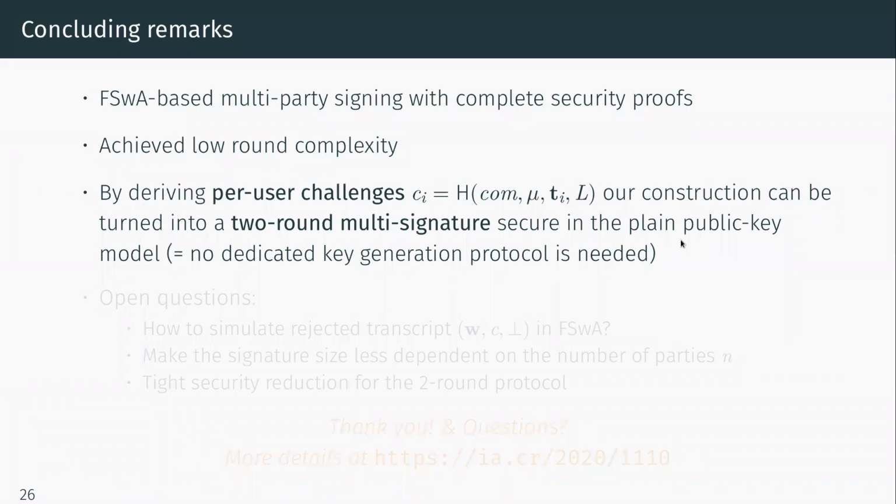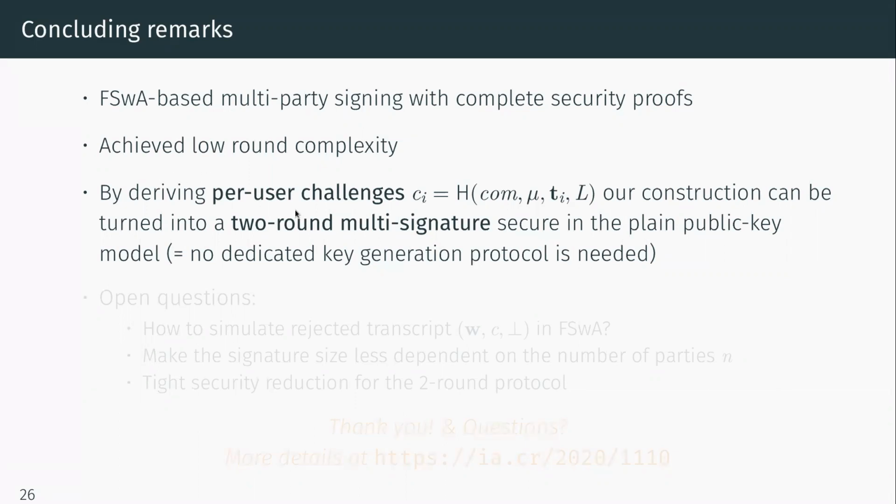And also a bit of remark about the multi-signature. In the multi-signature, unlike N-out-of-N signing, there's no dedicated key generation protocol. So instead, we use a standard technique, which follows the technique by Bellare and Neven from 2006.